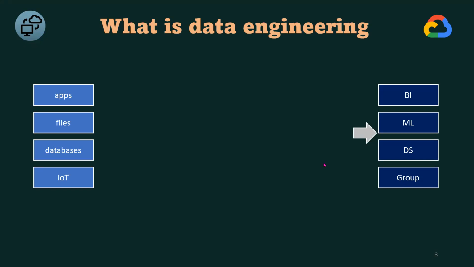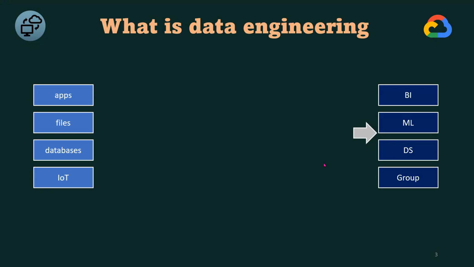So as a data engineer, we will be getting the data from multiple data sources, such as an application, file formats, databases, or IoT devices.